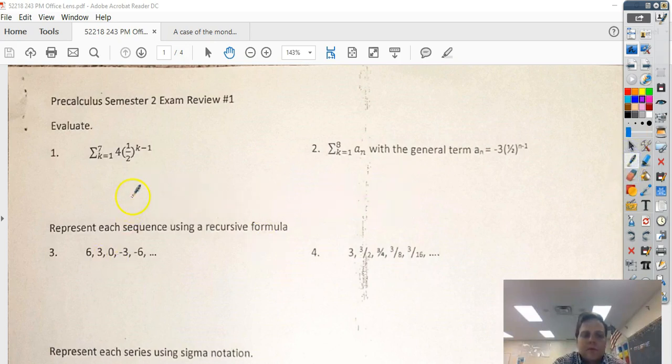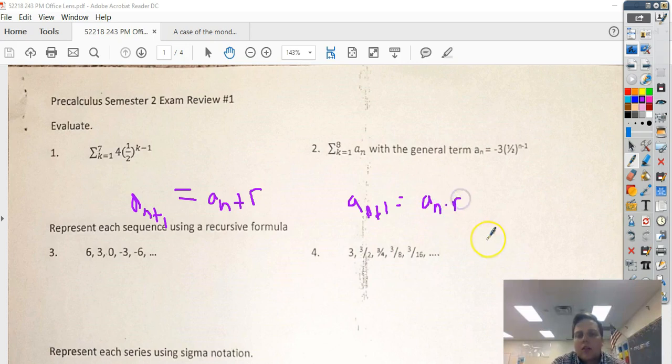Arithmetic is a sub n plus 1, so that means the next term is equal to a sub n plus r. Hopefully you didn't write that in pen. So the next term is equal to the current term plus the common difference. That's arithmetic. Geometric is a sub n plus 1, which means the next term is equal to a sub n times r. I apologize, I goofed that up.